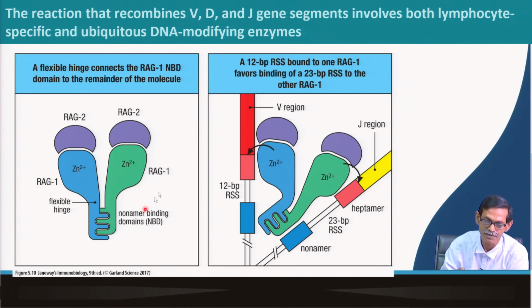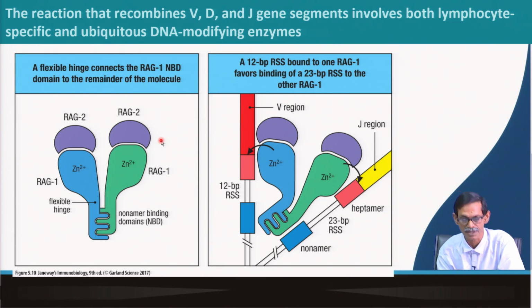So, this is the same thing. That was a crystal structure, this is a cartoon, and a cartoon is always better to understand. This part is a nonamer binding protein which makes a flexible hinge, and they make a dimer here. This is the gene-dependent nuclease domain, and this is RAG2. What is exactly happening? This nonamer binding site binds to this nonamer sequence. Say this is one DNA sequence, this is a variable region and this is the J region.